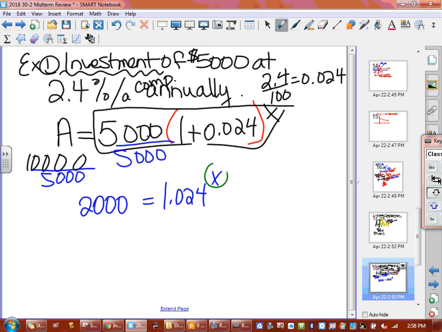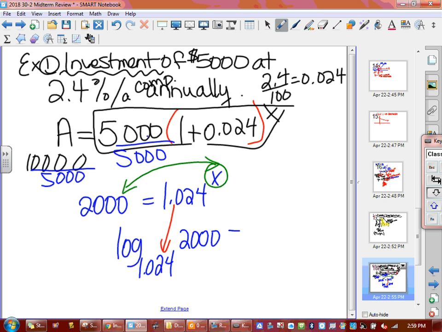This guy and this guy trade places, and I write the word log. The base drops down when I write the word log. So I'm going to have log base 1.024 of 2,000 equals x. So they're not that difficult to switch to log form. All you've got to do is divide up that first number. Okay? Any questions so far?